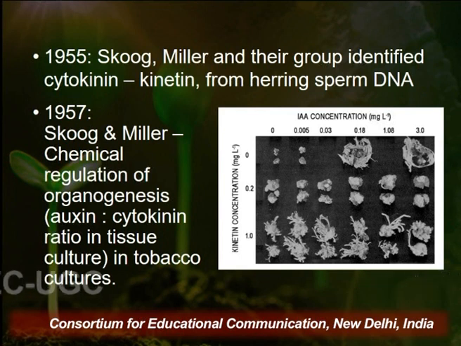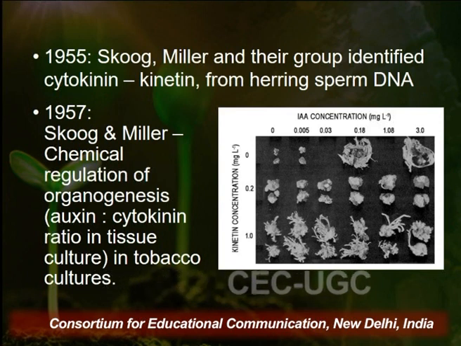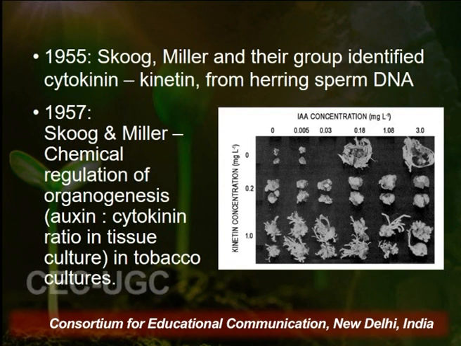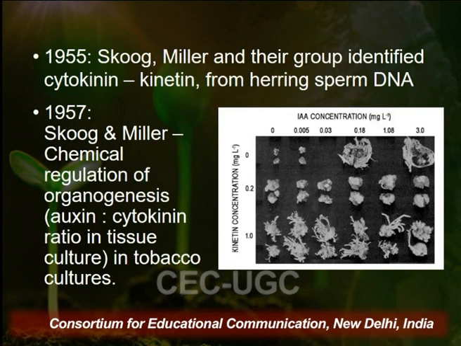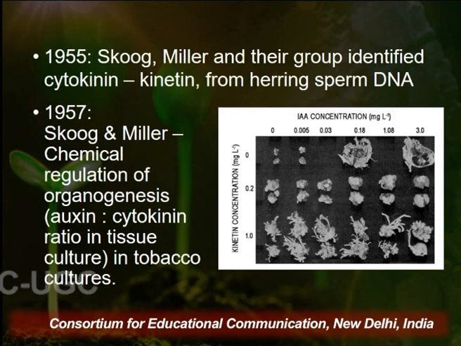So this was an important breakthrough discovery, because now the scientific community knew that by altering the concentration of these growth regulators, we can induce either shooting or rooting, whichever is required, or if we want to go for regeneration of a plant, we have to optimize the concentration of auxin and cytokinin.